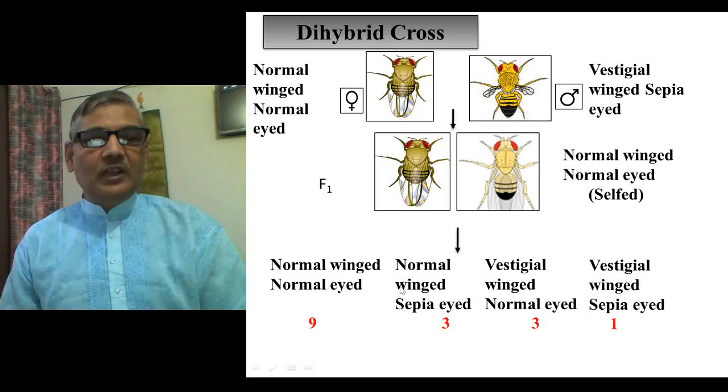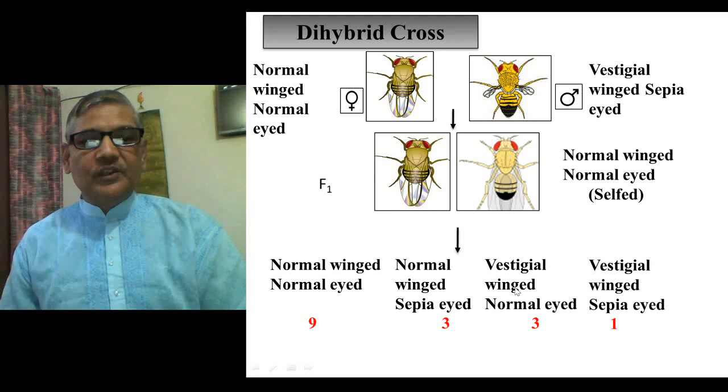Then those with normal wing but sepia color will be 3 in number. Those with vestigial wing and normal eye color will be 3 in number. And vestigial winged and sepia flies will be in the ratio of 1. So this ratio you will be observing in F2.